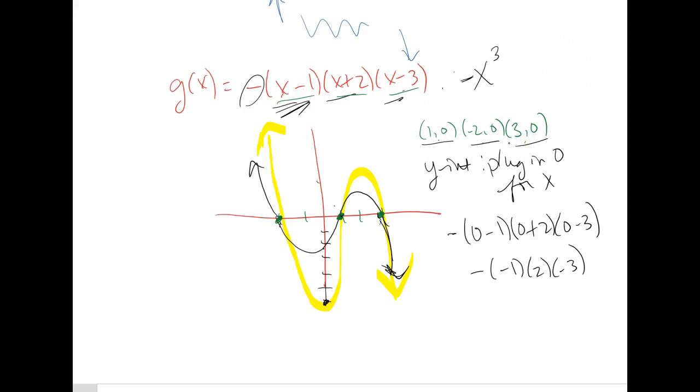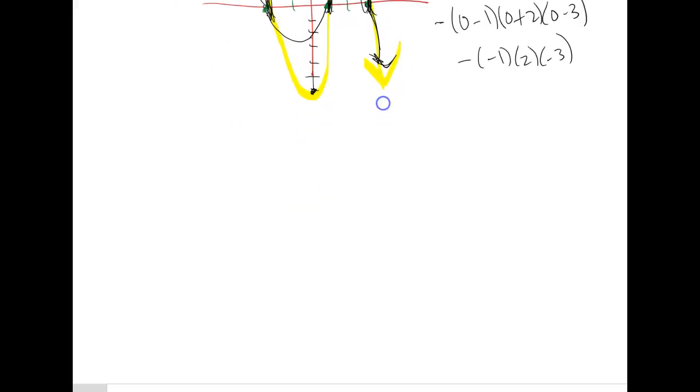And when you have a multiplicity of 1, you are always going to cross through the axis, just like you see happening right here. But when a solution shows up more than once, like the following: let's pretend it was x minus 2, x minus 2, x plus 3, and let's do one more for funsies, x plus 1.